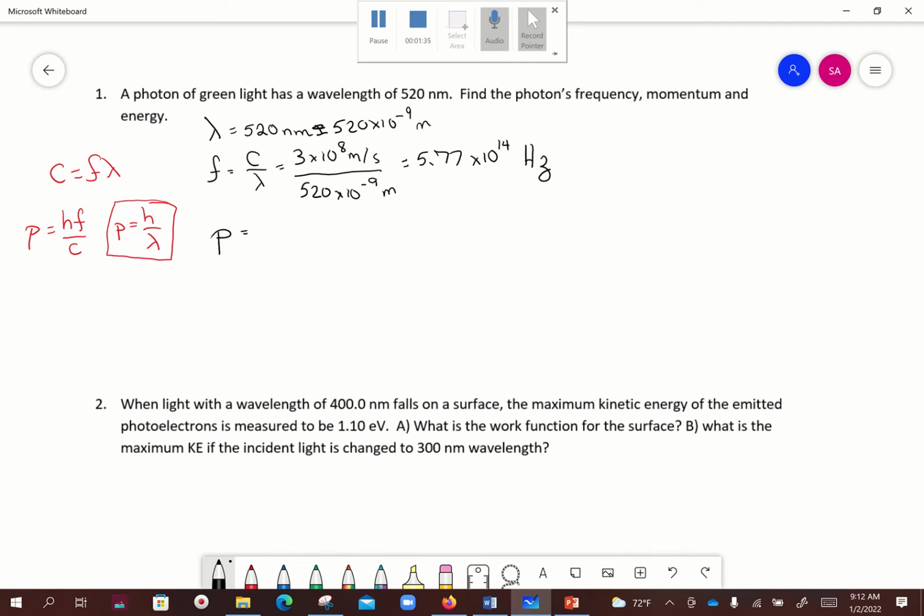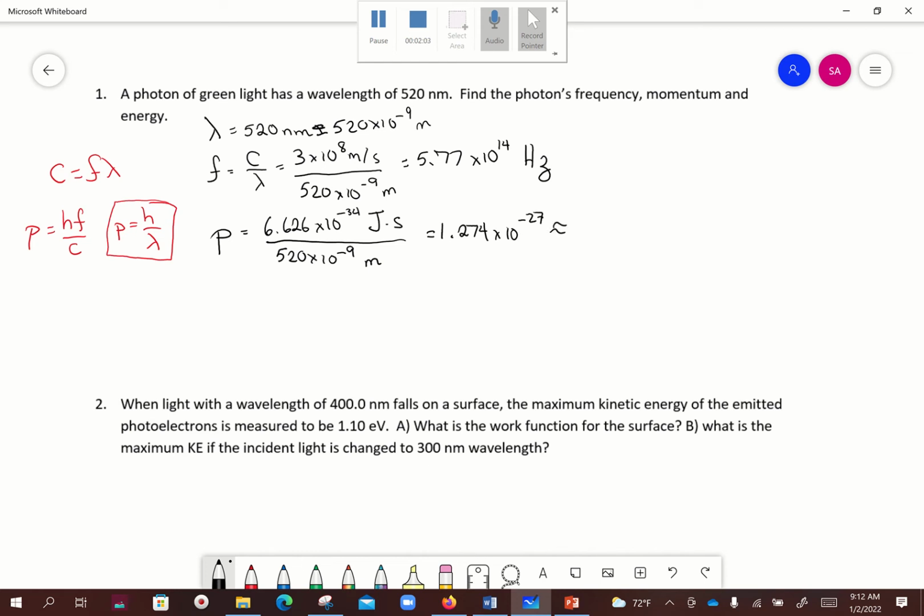All right, so momentum is equal to h. h is Planck's constant, 6.626 times 10 to the minus 34 in units of joule seconds. I divide that by the wavelength, 520 times 10 to the minus 9 meters, and I get 1.274 times 10 to the minus 27.